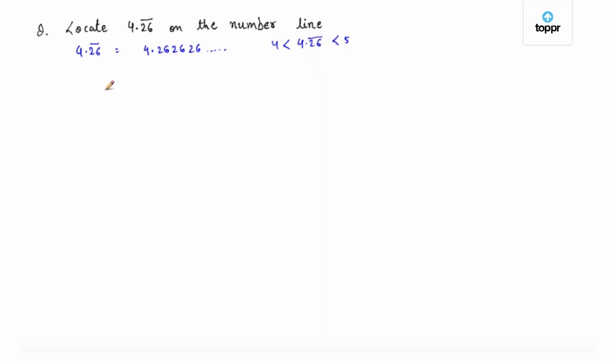We will get points from 4.1 to 4.9. Here, 4 and 5 at the extremes, and the portion between them is divided as 4.1, 4.2, 4.3, 4.4 and so on up to 4.9.